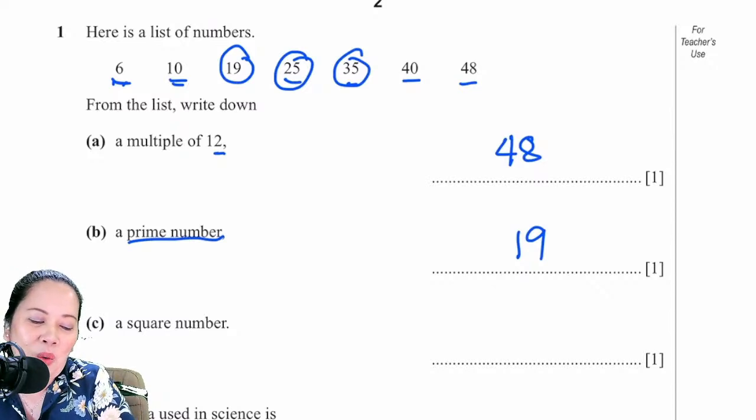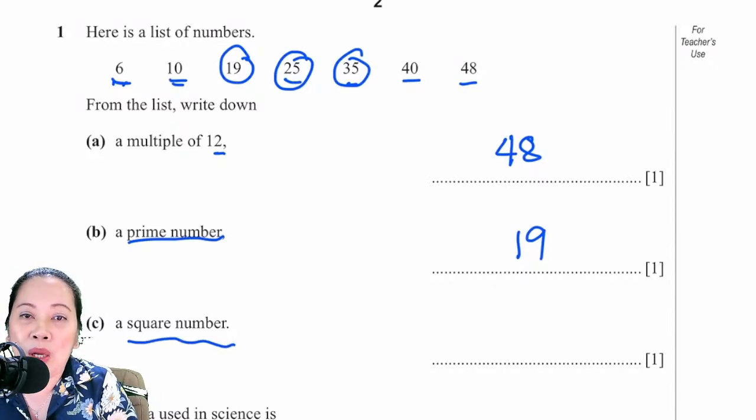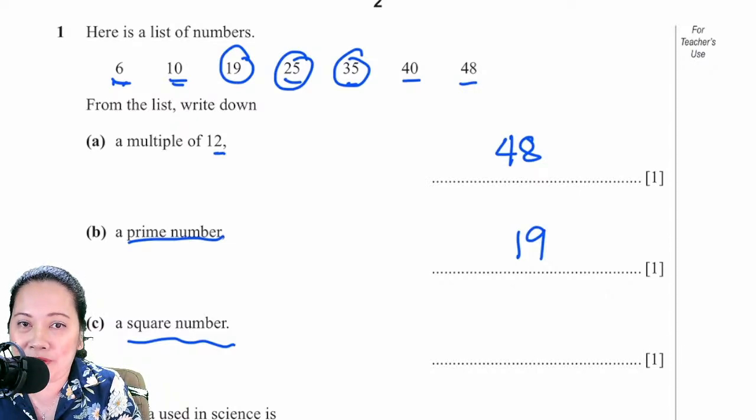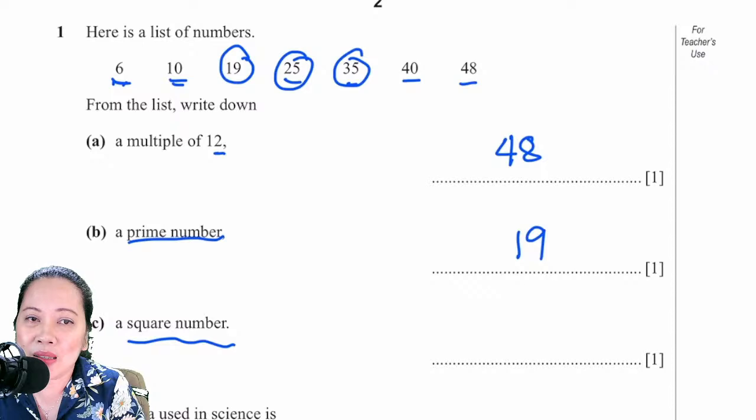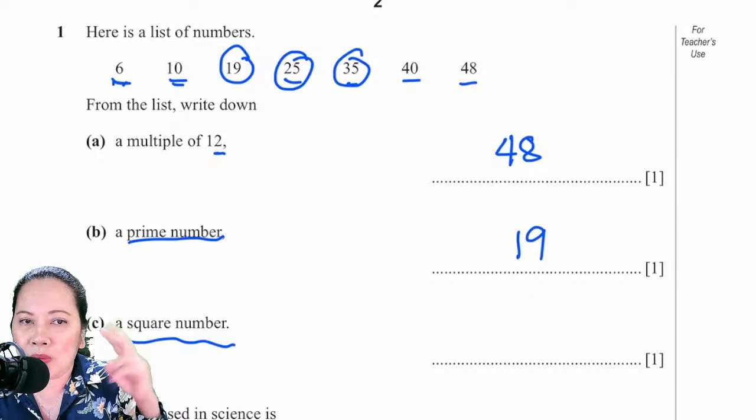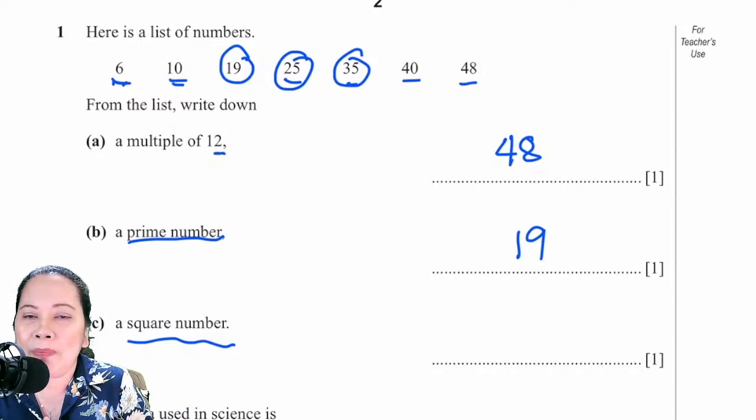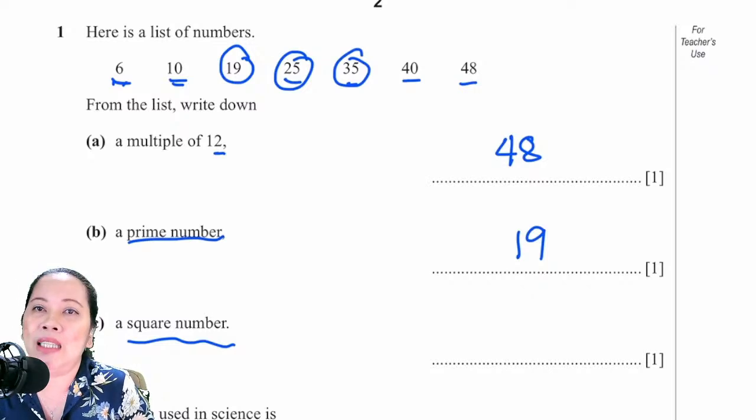The next question is about a square number. A square number is a number that is multiplied by itself. Such as 4. 4 is a square number because when you multiply 2 times 2, you will get 4. 3 times 3, you will get 9, and so on.